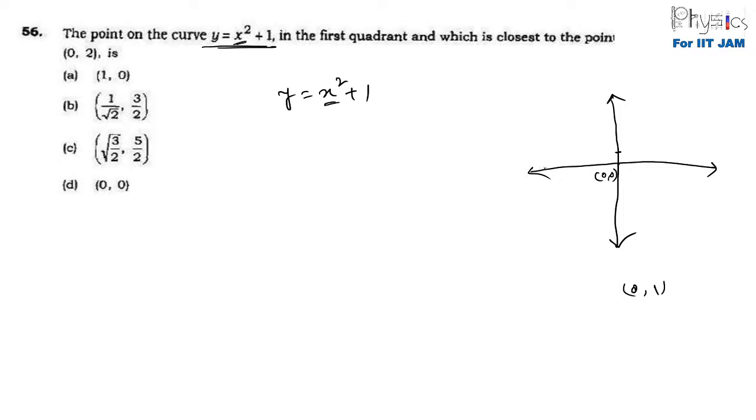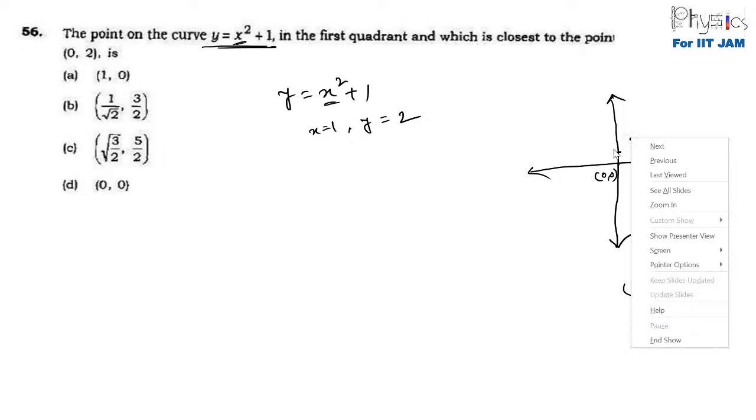Now, let's put x equal 1. If x equal 1, then y equal simply 2, that is this point.